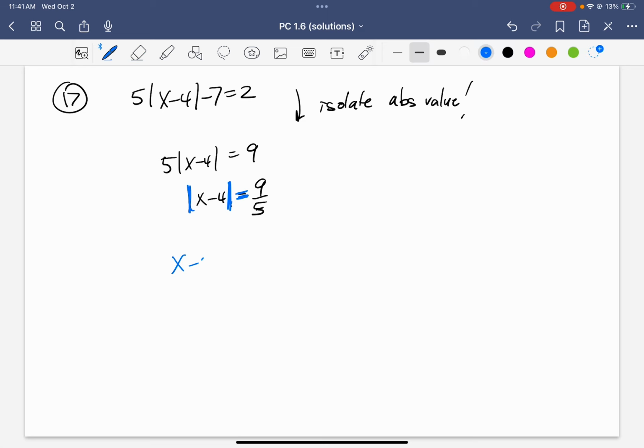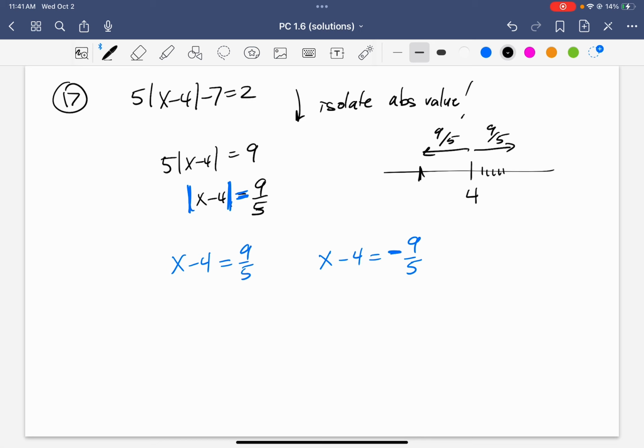So that means that my stuff was either equal to 9/5 or it was equal to negative 9/5. In terms of the number 4, it means that if you are a distance away, you either went 9/5 this way or you went 9/5 this way to land on this spot or this spot away from 4.